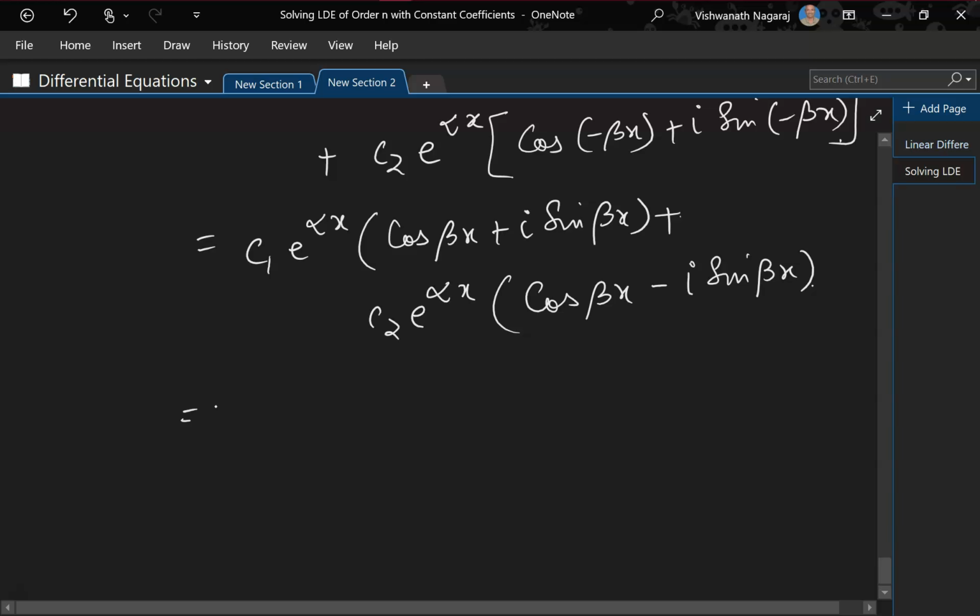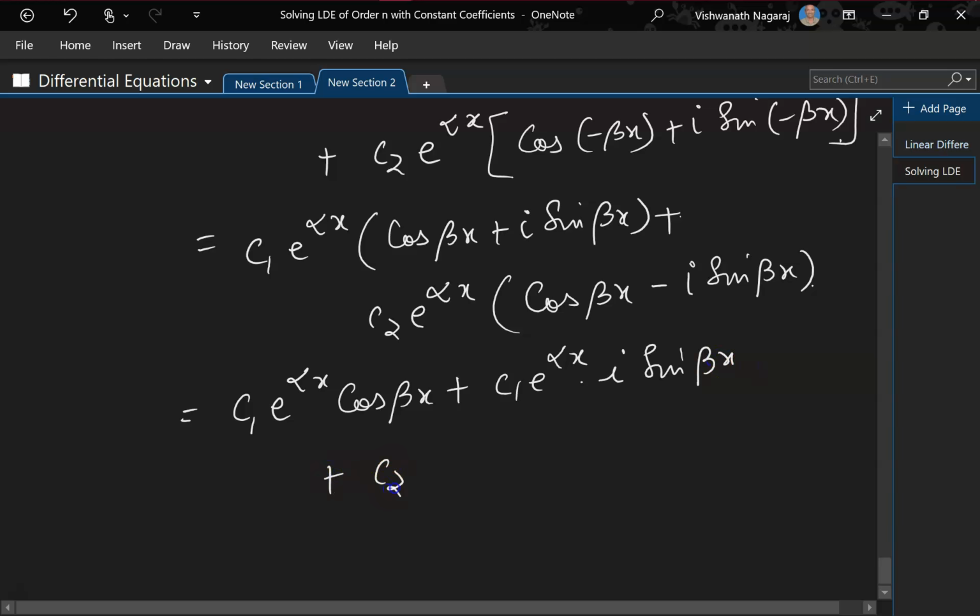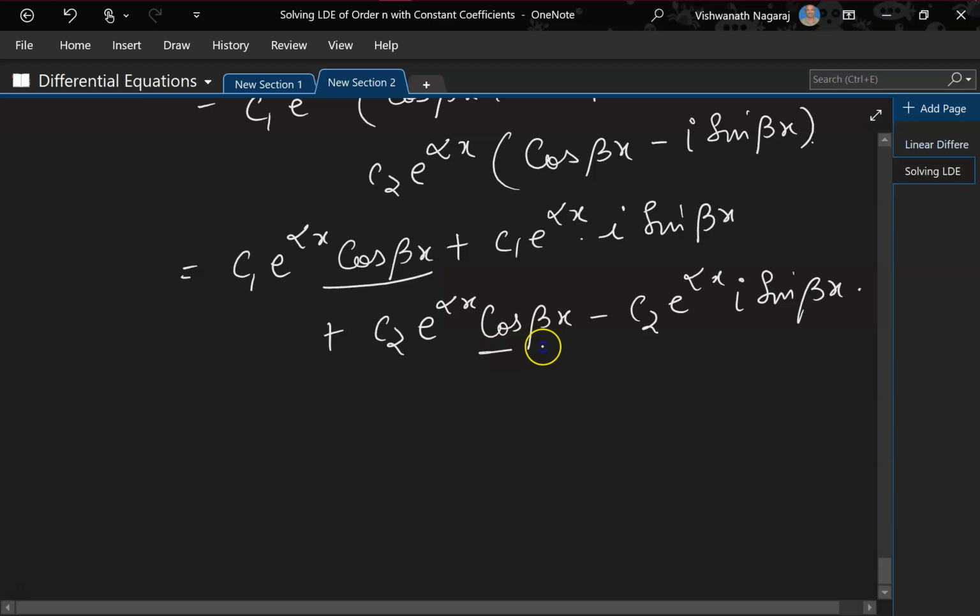Now again let's distribute. So C1 e to the power of alpha x cos beta x plus C1 e to the power of alpha x times i sin beta x plus C2 e to the power of alpha x cos beta x minus C2 e to the power of alpha x i sin beta x. So here cos beta x is common, e to the power of alpha x is common.